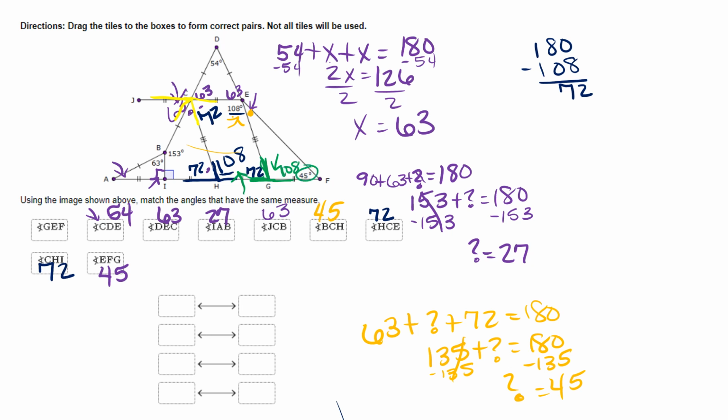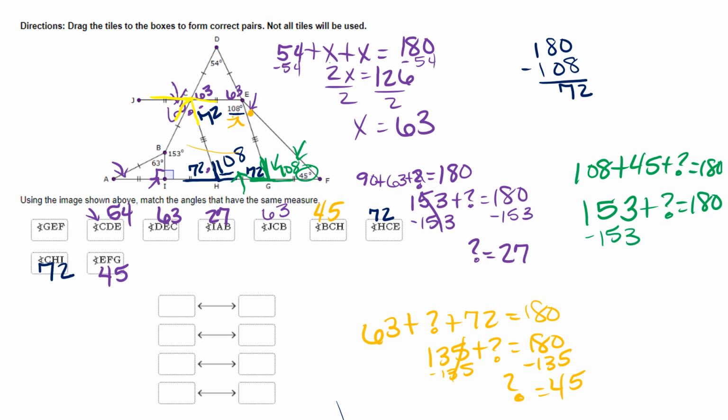So then we have 2 of the 3 angles in that big triangle on the right. So 108 plus 45 plus something equals 180. I add those together and get 153 plus something equals 180. Subtract 153, and I do get 27.